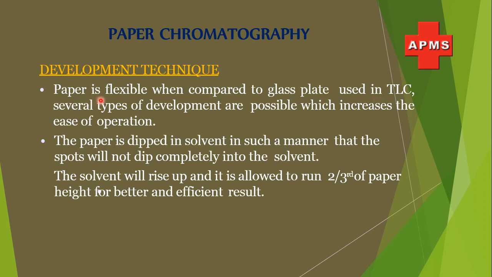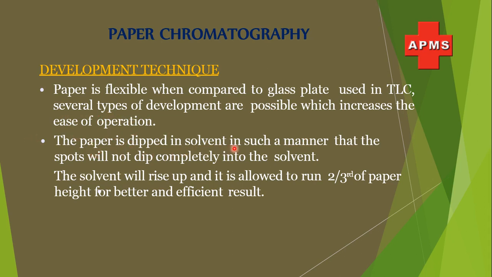But in paper chromatography, paper is very flexible, so we can easily put this paper inside the developing chamber. Several types of development are possible, which increases the ease of operation.